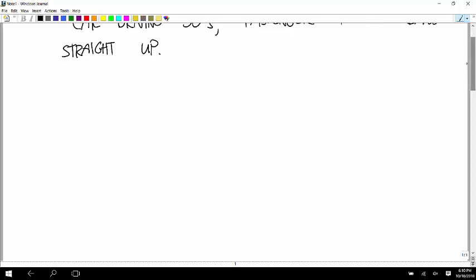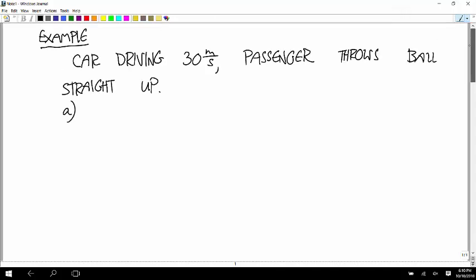Let's say that we have to give it an initial velocity, so let's say it has an upward velocity of 3 meters per second.